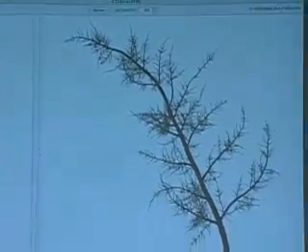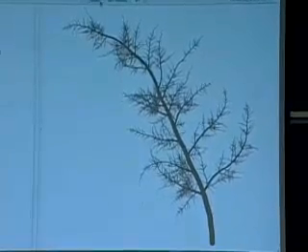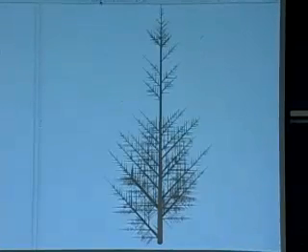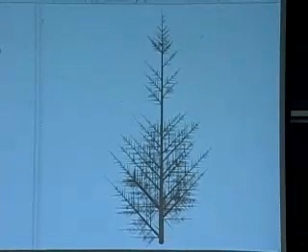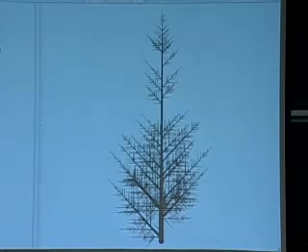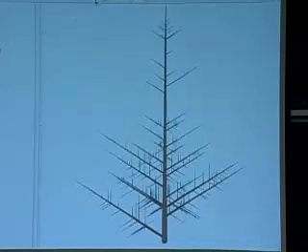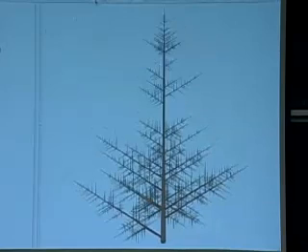Oh, yes. So it looks crazy, doesn't it? If I take out that rotate, it's all very regular, a sort of regular structure. And we could change the angle, maybe 60 degrees, or 90 even.